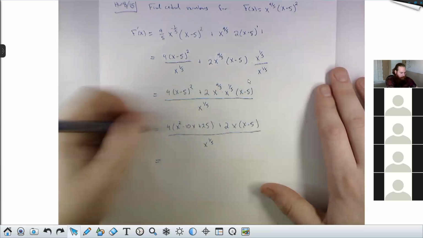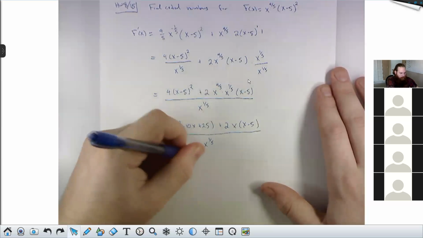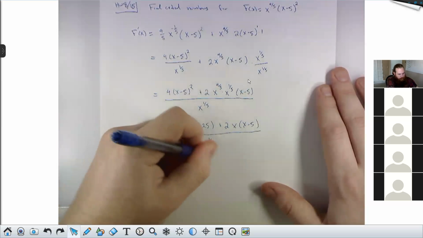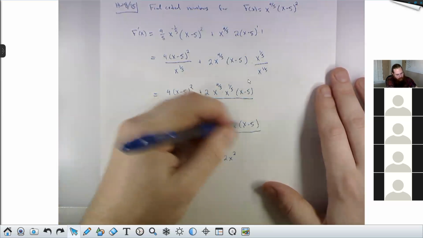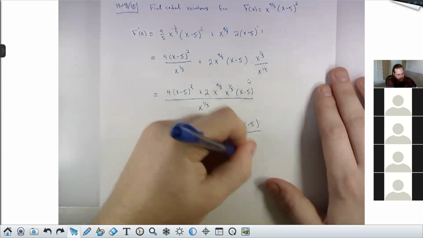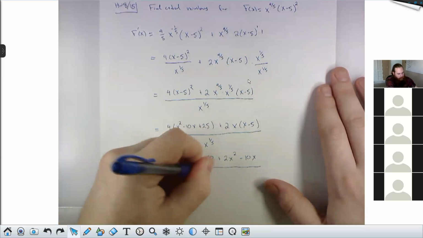And now I'll distribute everything out. This is 4x squared minus 40x plus 100 plus 2x squared minus 10x, all over x to the 1/5.